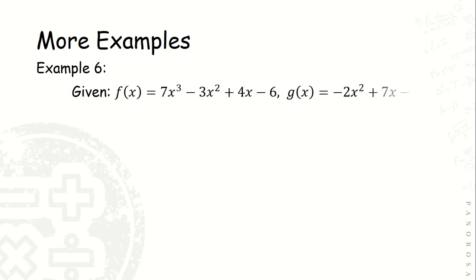Example 6. So given the function f of x equals 7x to the third power minus 3x squared plus 4x minus 6. And we have g of x equals negative 2x squared plus 7x minus 6. Find f of x plus g of x. So we will find the sum of the given functions.